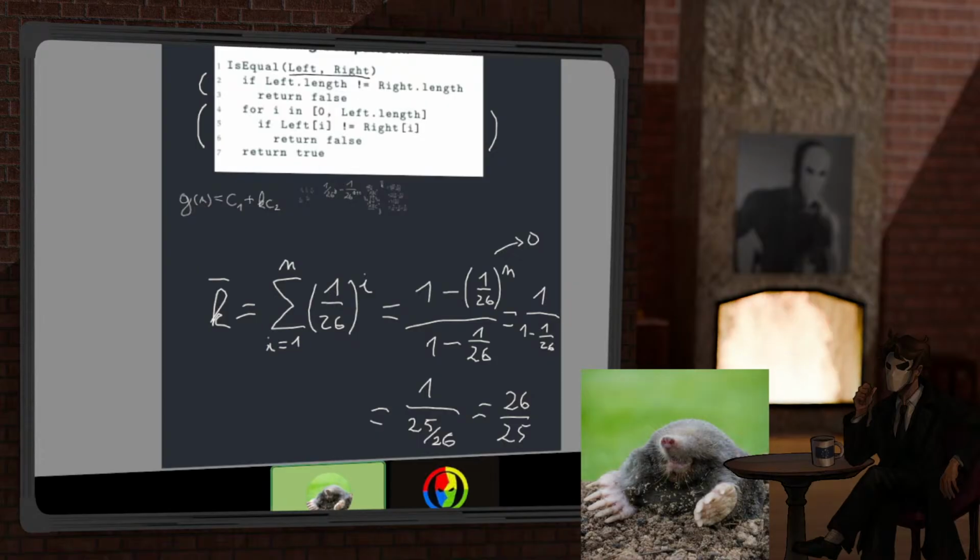That means that, it is a little bit hard to see right here, but this function looks something like this. This, as n grows, looks like this, if this is our n and this is our average k, with 26 over 25 being like, hey, maybe.